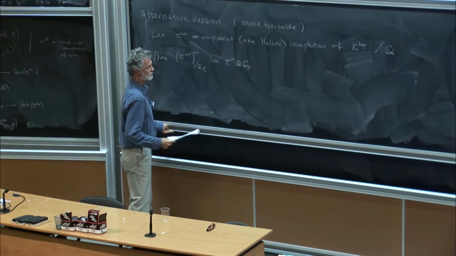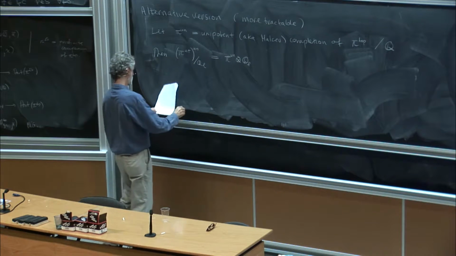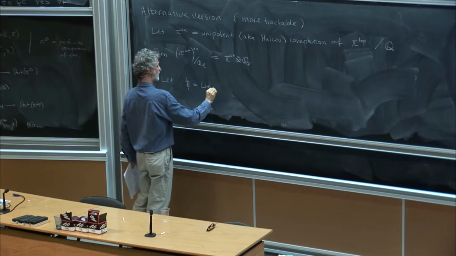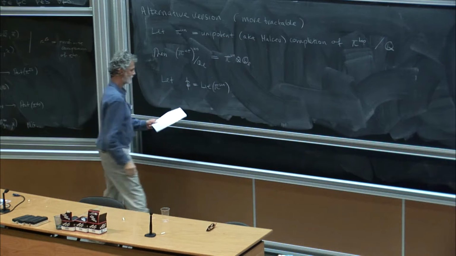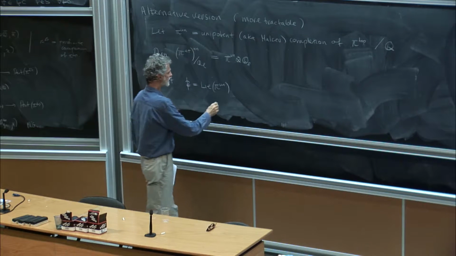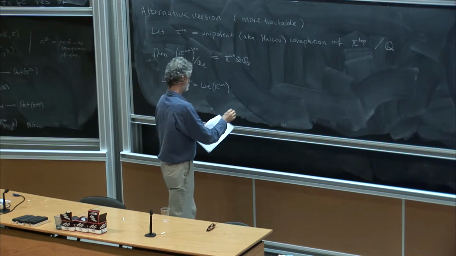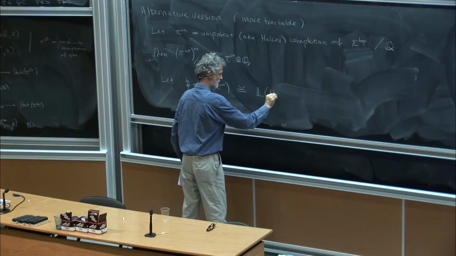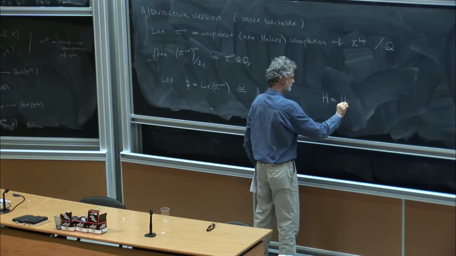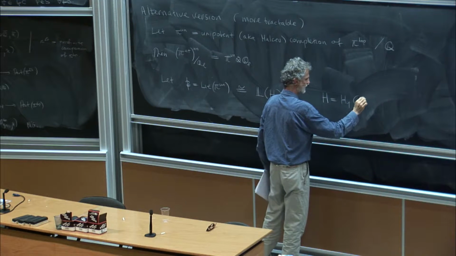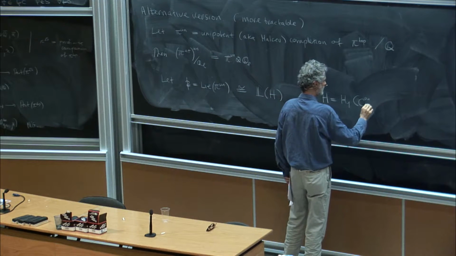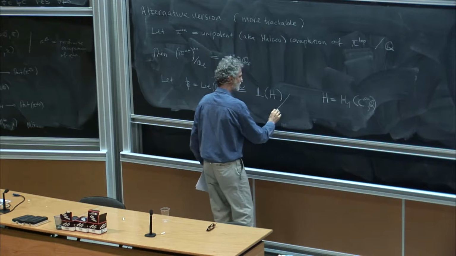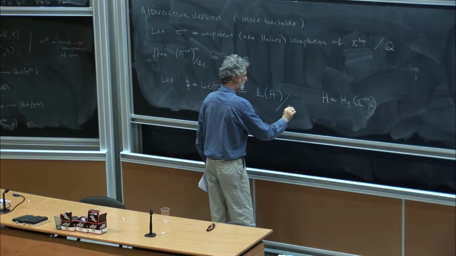And now let me describe what this looks like. We're going to let P be equal to the Lie algebra of pi unipotent. So this is a Lie algebra over Q. And in the closed case, this is isomorphic to the free Lie algebra generated by H, where H will be H1 of the curve, H1 of C analytic with rational coefficients, divided out by the ideal generated by what I'll call theta.